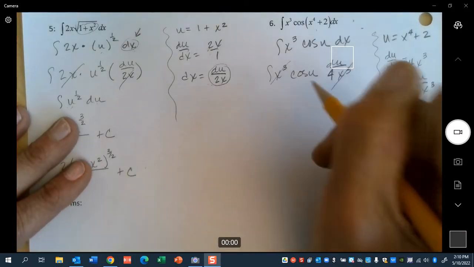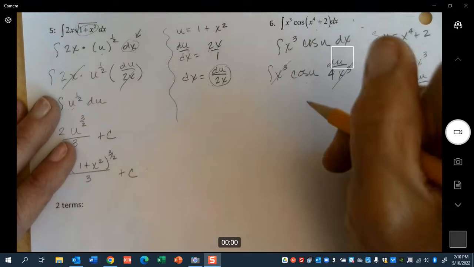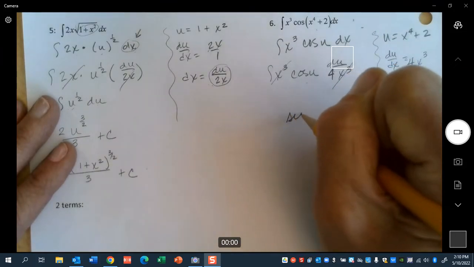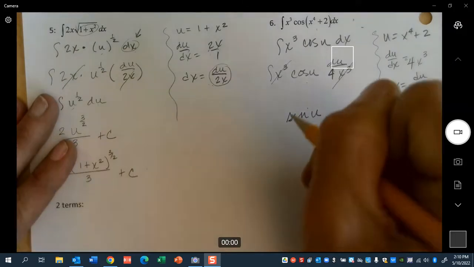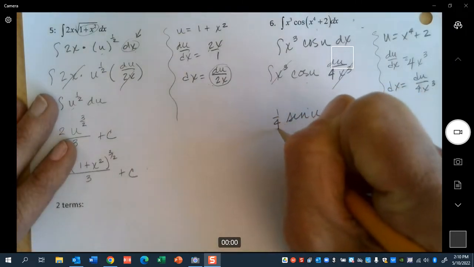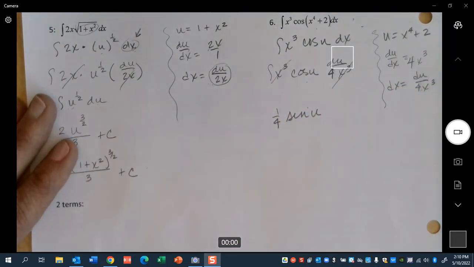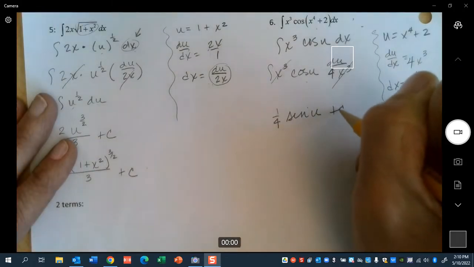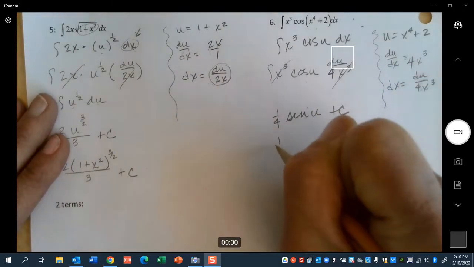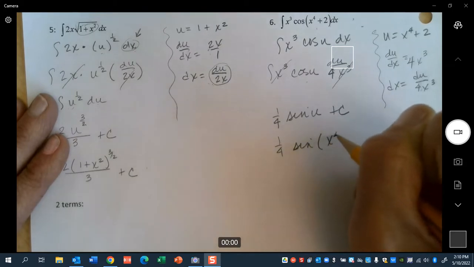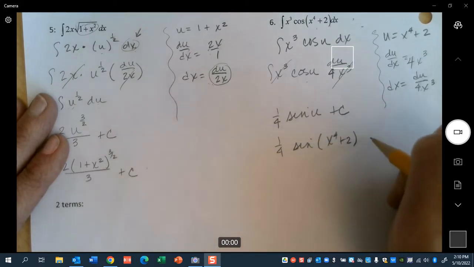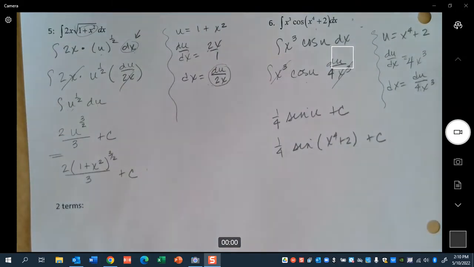When I go to find the integral of cosine, that takes me back to the sine of u. I have this 1/4 hanging out, and then my plus c. 1/4 times the sine of x to the fourth plus 2, plus c.